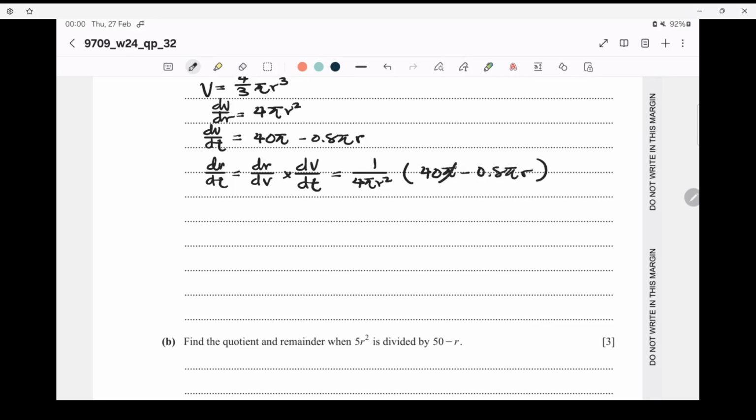So you simplify all these terms, divide by 4, this will be 10, this will be 0.2. 0.2 is also 1 over 5. So in the end, you should get (50 minus r) divided by 5r squared. So that's what you want to prove.